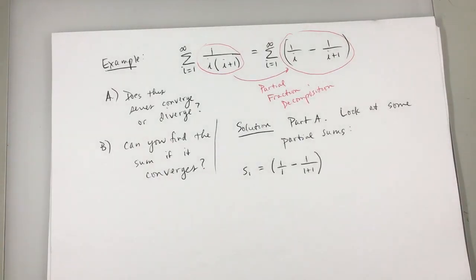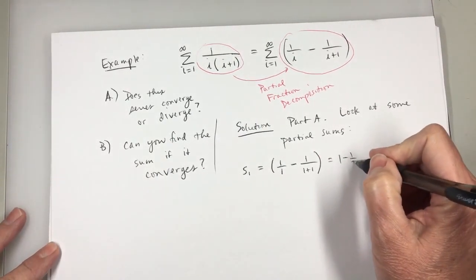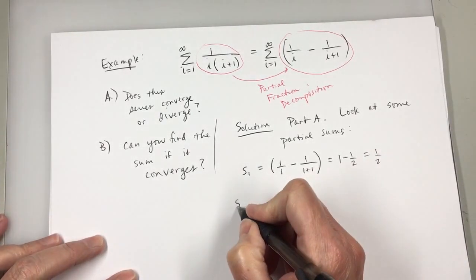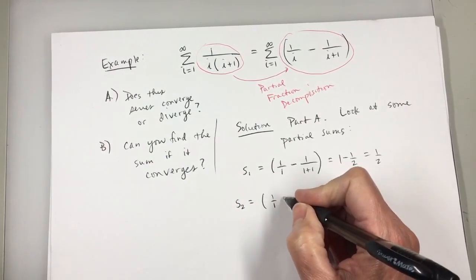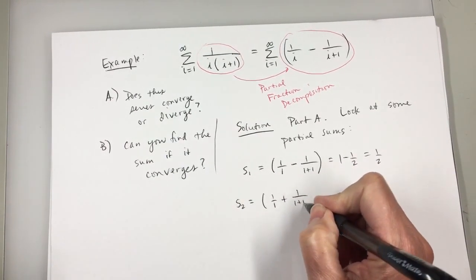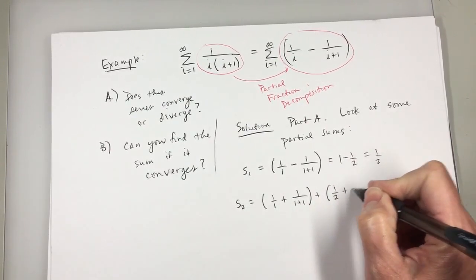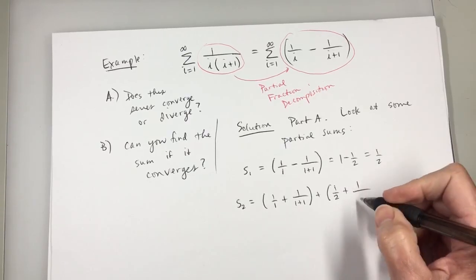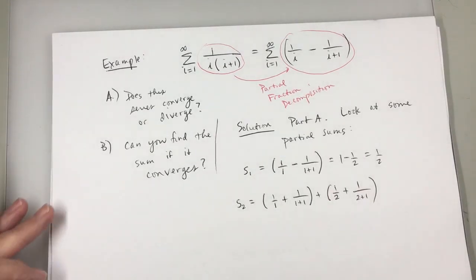And I could get a number there. 1 minus 1/2 is 1/2. S sub 2 would be 1 over 1 plus 1 over 2, plus, oh, that's a minus, isn't it? Let me correct that in red here.